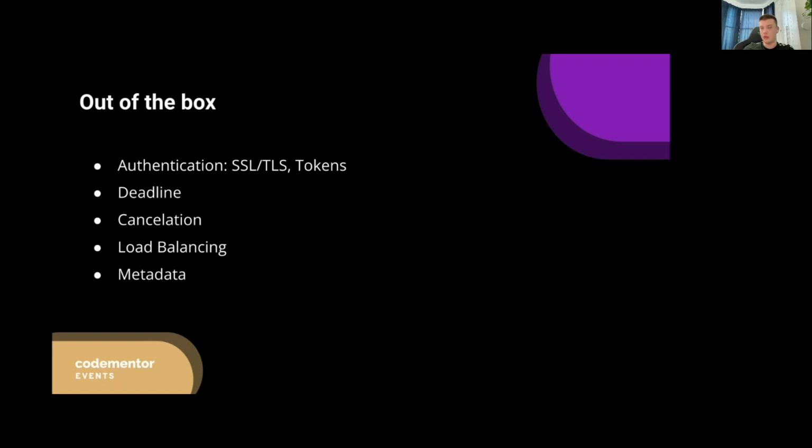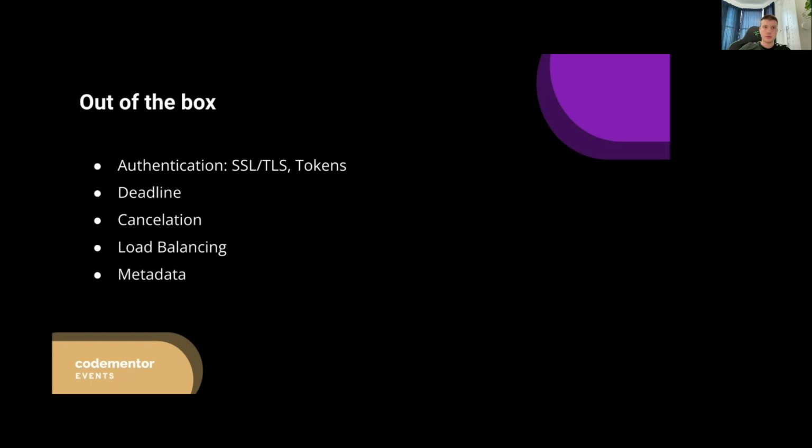Fourth is load balancing, on the client side. Again, there are some strategies that are specified out of the box, but you're also absolutely free to implement it on your own and extend it. And the last but not least is metadata. Generally speaking, you can think about it as just the headers in an HTTP request, but it's a little bit more.